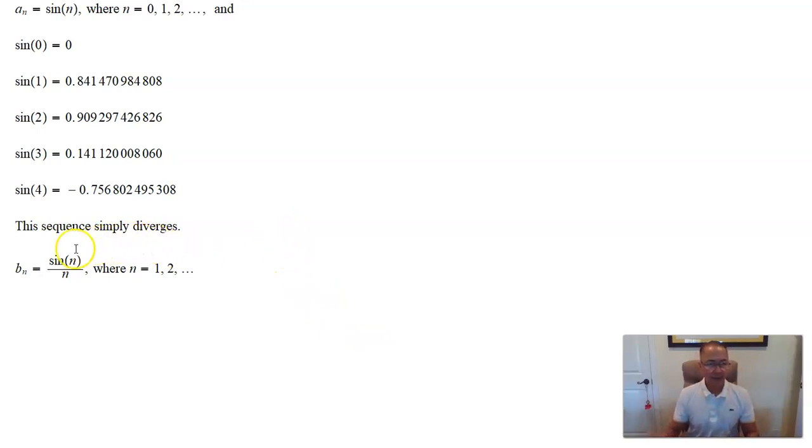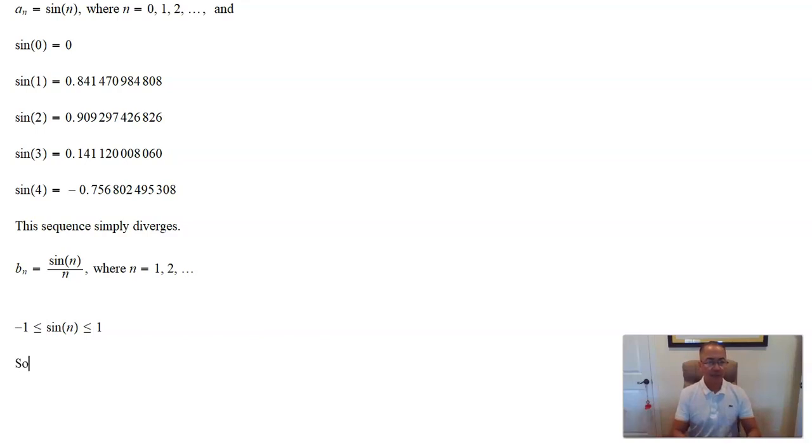All right, so what do we know about sine n? Well, it does crazy things, but it still lies on the sine wave. So sine n is between -1 and +1. So -1 is less than or equal to sine of n, which is less than or equal to 1.